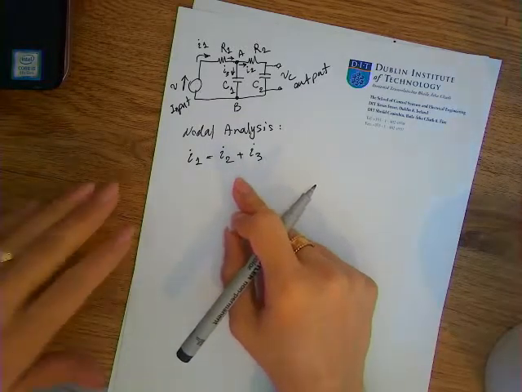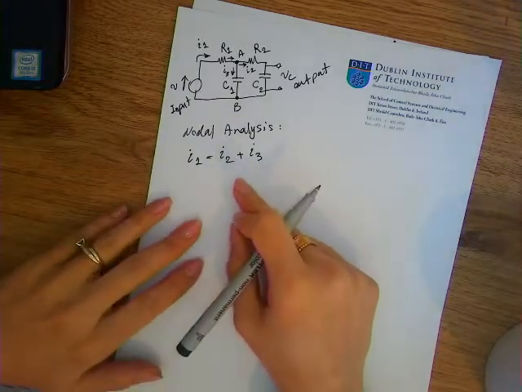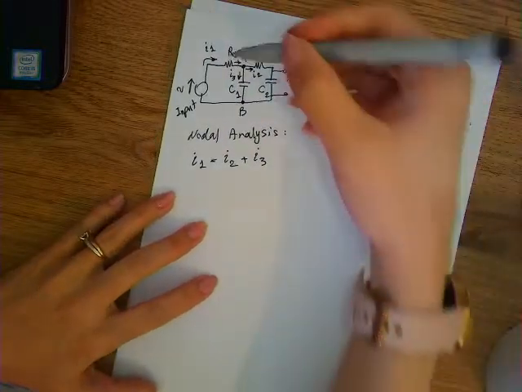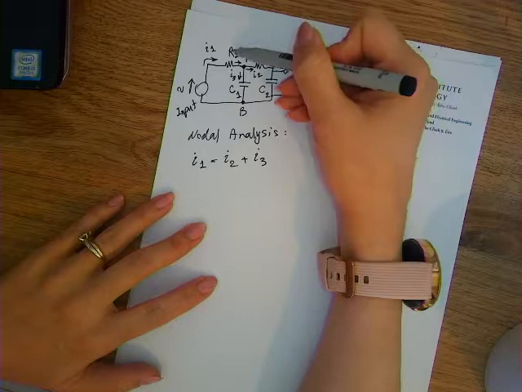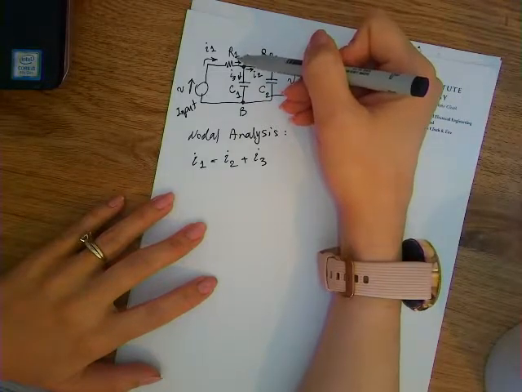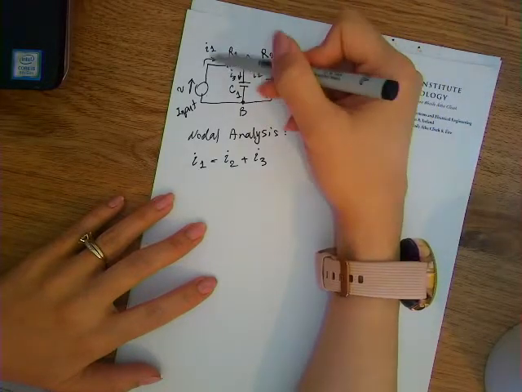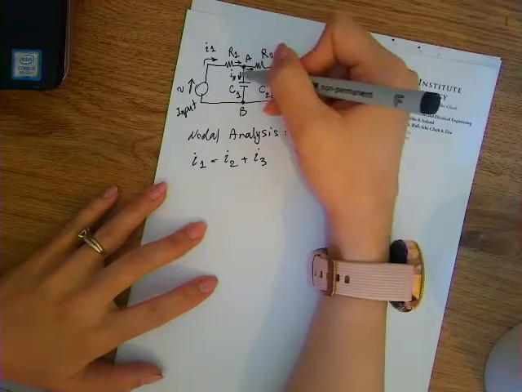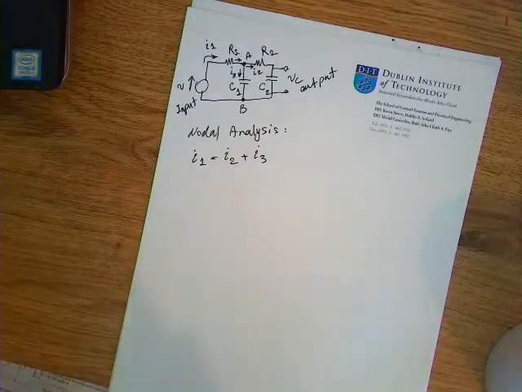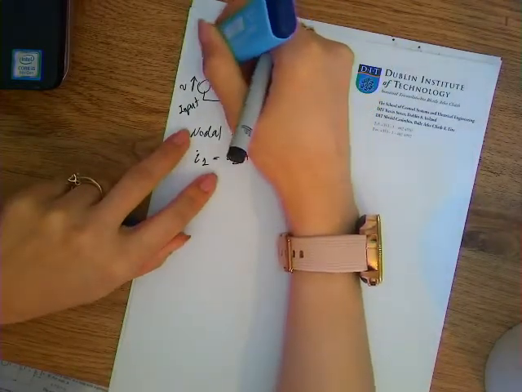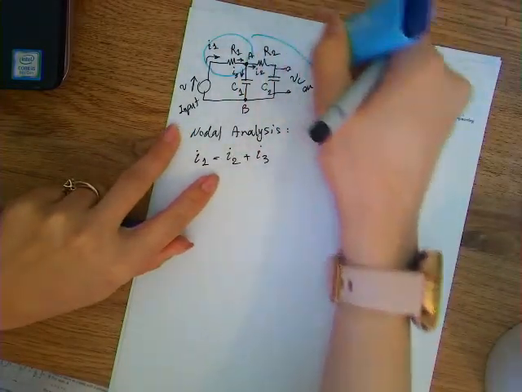Now, let's look at some of the components that we have here. If I want to write the relationship between only R1's voltage and current, I'm going to draw that part of the circuit again.